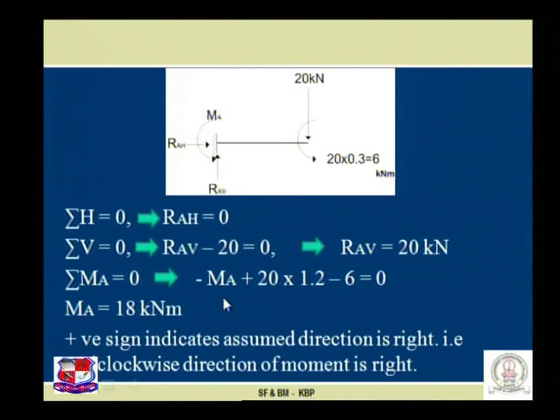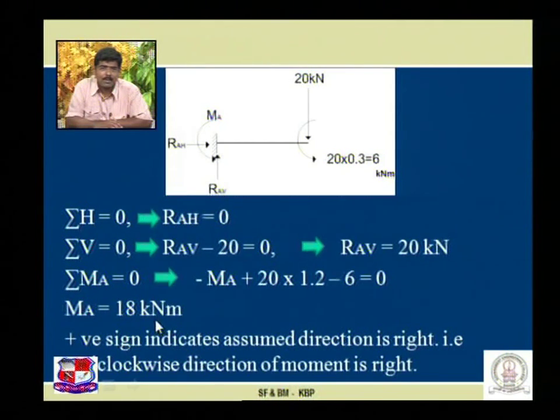By simplifying this, MA is equal to 18 kN·m. This positive sign signifies that our assumed direction of MA, anti-clockwise, is right. So MA is anti-clockwise, with a value of 18 kN·m.